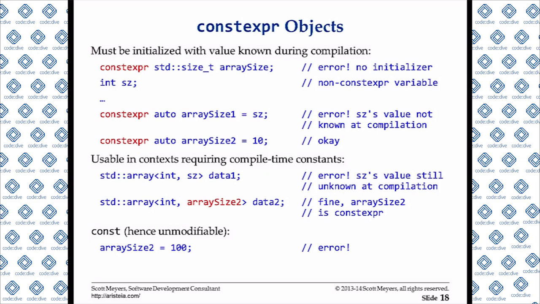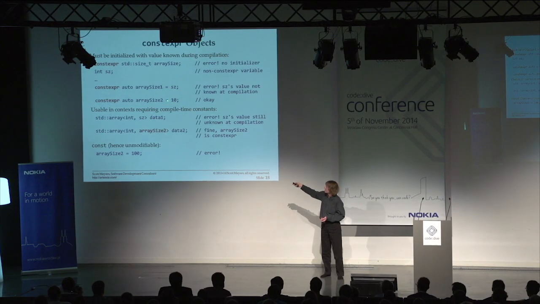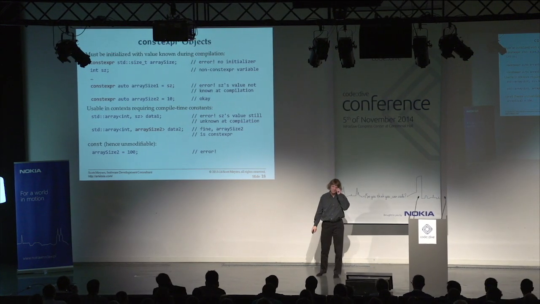If I tried to say constexpr auto arraySize1 = sz, now arraySize1, because it's constexpr, has to be initialized with something that has a value known during compilation. sz is not such a thing. As a result, this line will not compile. If I say constexpr auto arraySize2 = 10, arraySize2 is a const object, and its value is known during compilation, so this line will compile, and incidentally, its type will be deduced to be int.